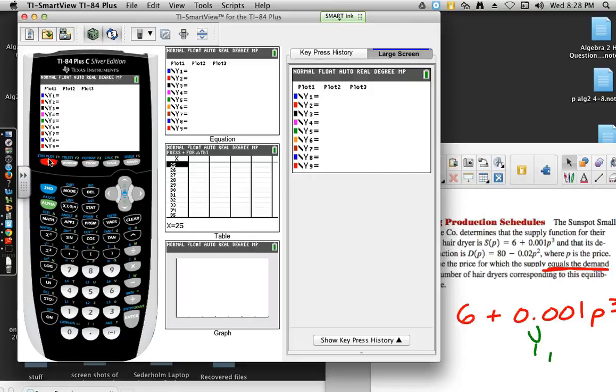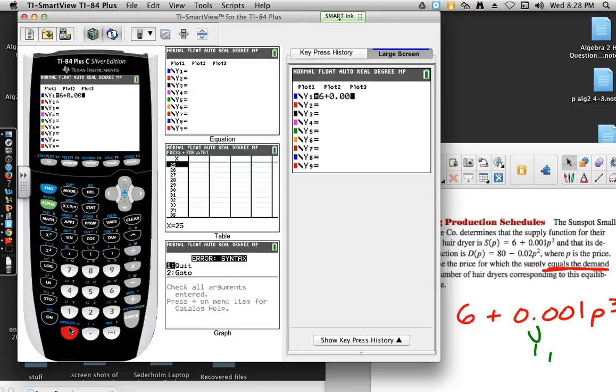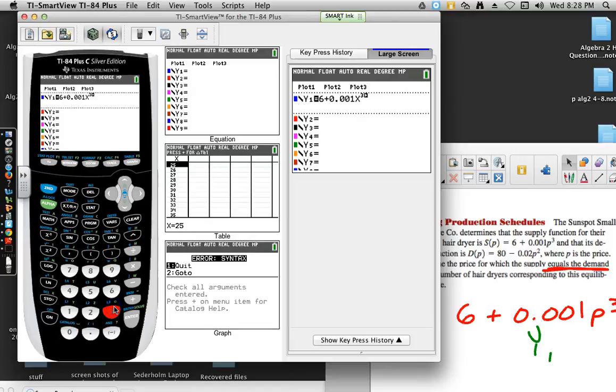So we're into y equals here, and we're going to do 6 plus 0.001 x to the third, because the calculator couldn't care less whether or not we're giving it an x or we're giving it a p. It doesn't care.